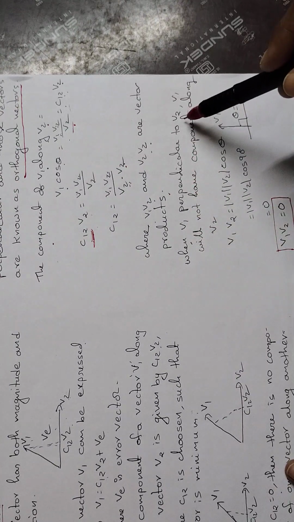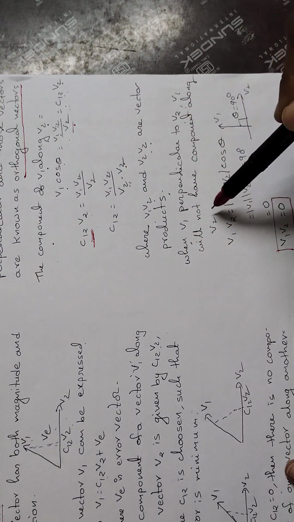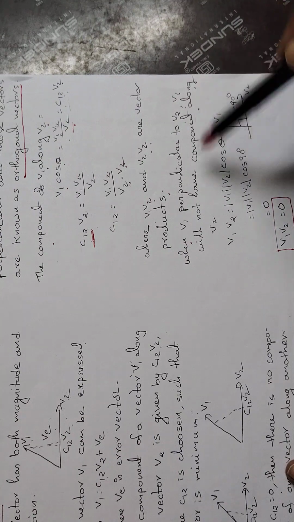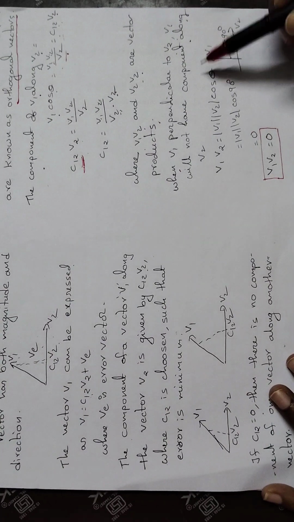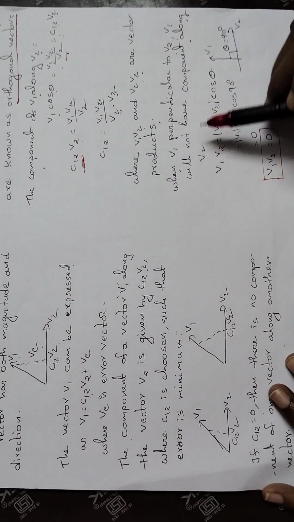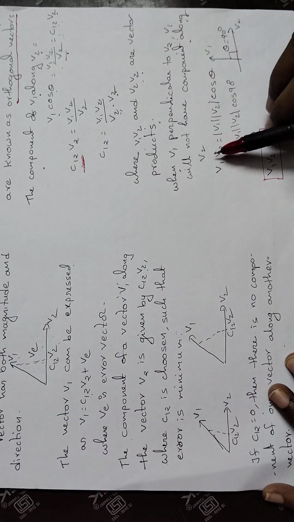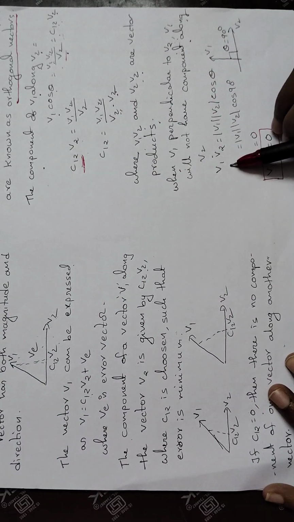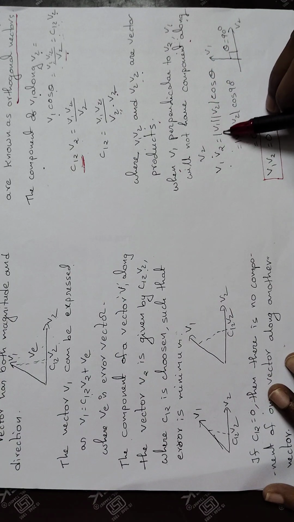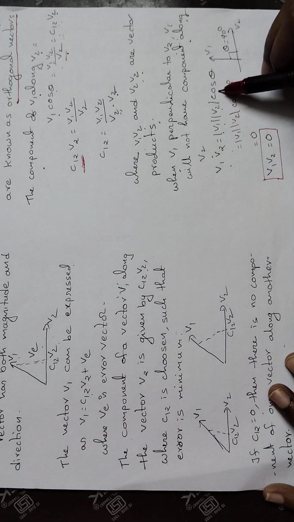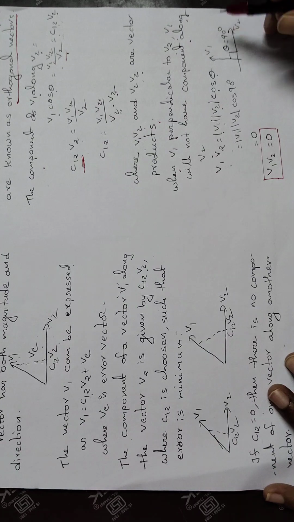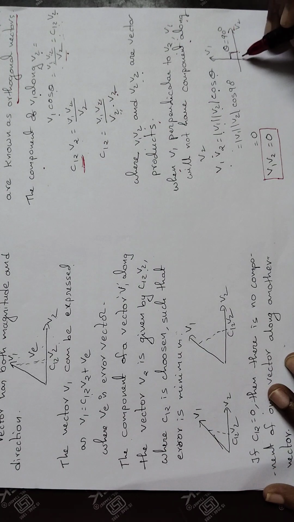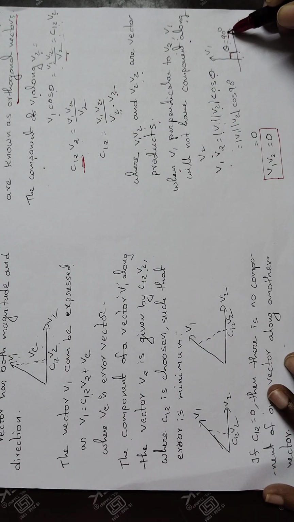When v1 is perpendicular to v2, v1 will not have a component along v2. So if v1 is perpendicular to v2, there is no component along v2. Then v1 dot v2 is equal to mod v1 mod v2 cos theta. If these two vectors are orthogonal, the angle theta is 90 degrees.